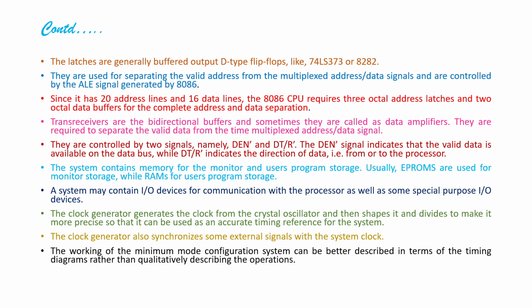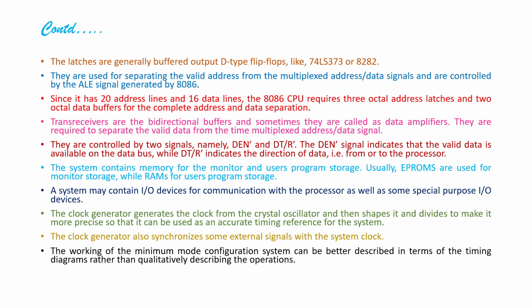This is all about the working of the minimum mode configuration. The system can be better described in terms of the timing diagram, so I will explain the timing diagram later on. So this is all about the minimum and maximum mode of the 8086 microprocessor.